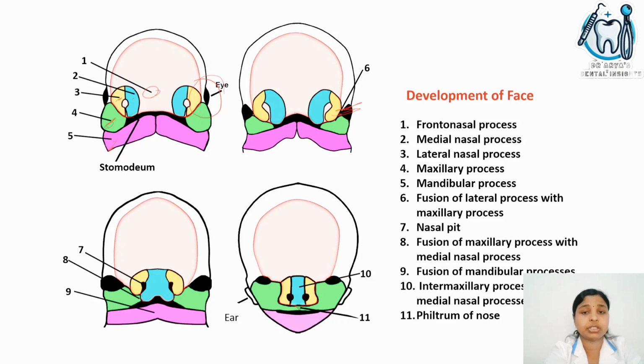Here this is the nasal pit, and this is the fusion of maxillary process with medial nasal process. This is the fusion of mandibular process, and here the intermaxillary process fused with medial nasal process, and this is the philtrum of the nose. So these are the various processes in the development of the face.